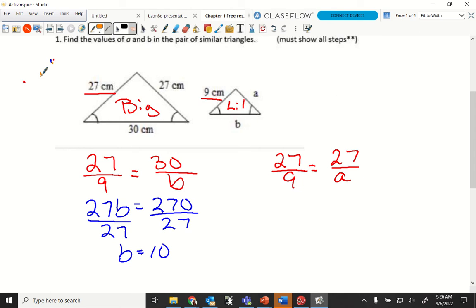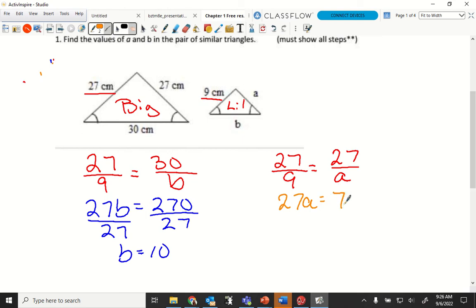So 27 times A, 27A, equals 9 times 27. 729? Yeah, sure. 27 times 27.